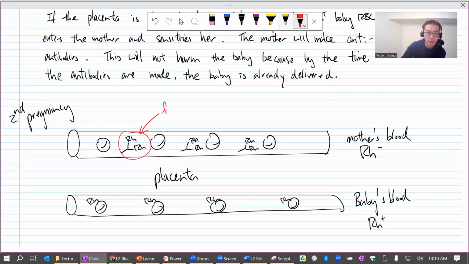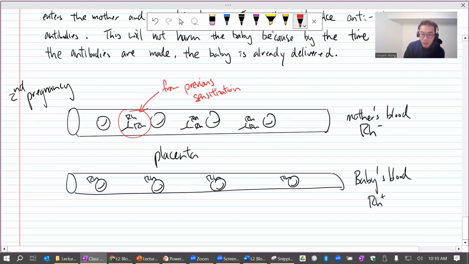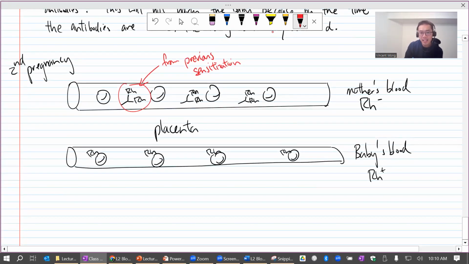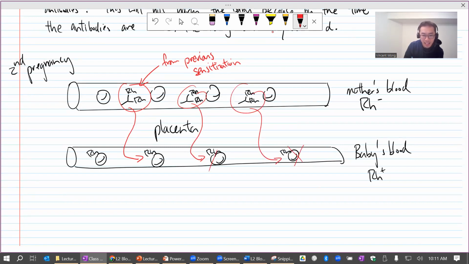This is from previous sensitization, the first pregnancy. That's going to be a problem for the baby because these antibodies will cross the placenta and attack the baby's blood.